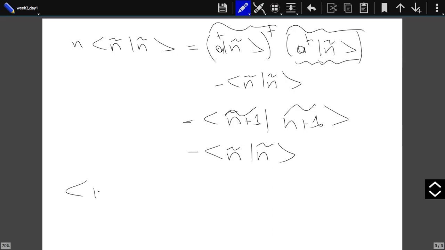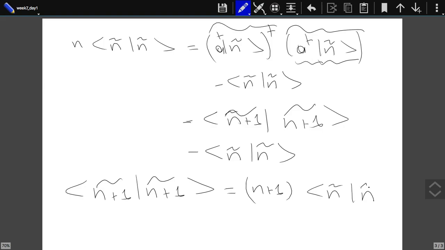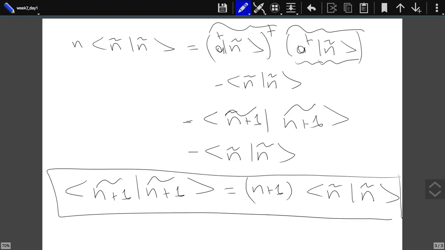And so what I obtain at the end is ⟨ñ+1|ñ+1⟩ equal to (n+1) times the inner product of the ñ state. So basically this tells me how the A† operator changes the normalization of my states.